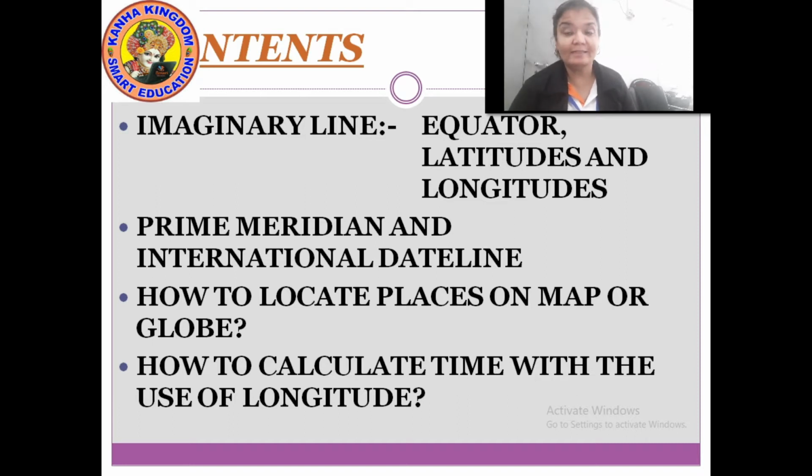I had told you that in this chapter I will explain the imaginary lines on the earth: equator, latitudes, longitudes, prime meridian, International Dateline, how to locate places on map and globe, and how to calculate time with the help of longitude.